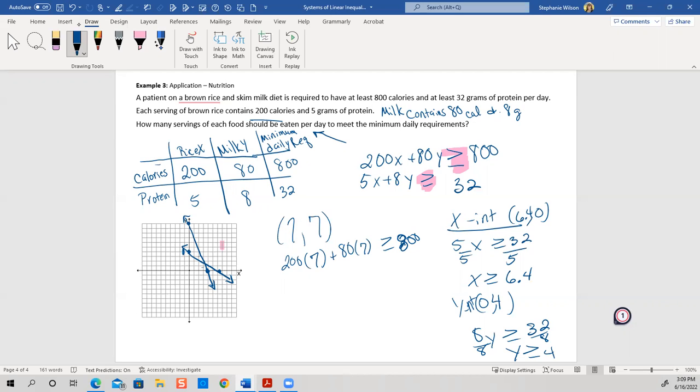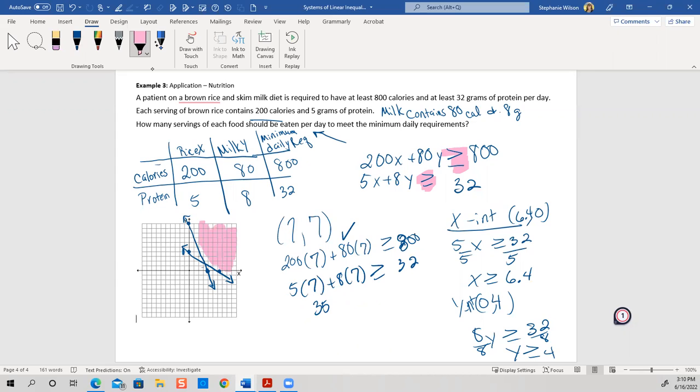And then we're going to add another number to it. So I'm going to say true for that equation. So let's do the next one then. Greater than or equal to 32. Well, 5 times 7 is 35. And then I'm going to add this to it. It's already larger, so it's true. So I'm going to say this area here is true for both of them.